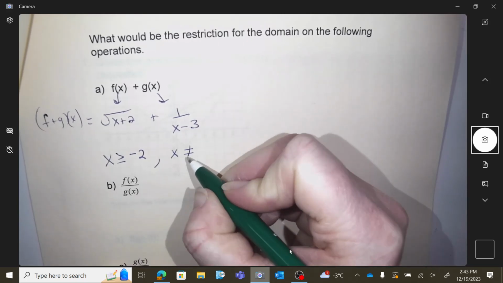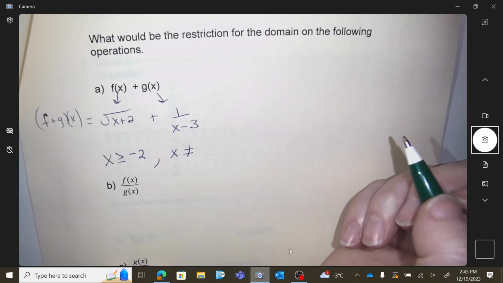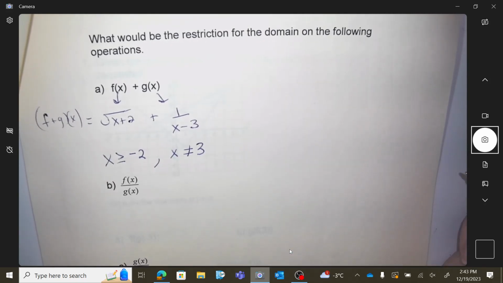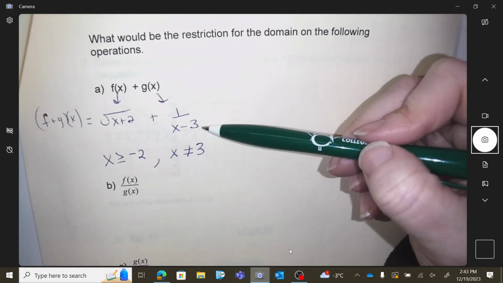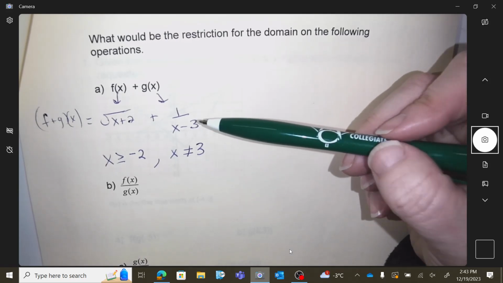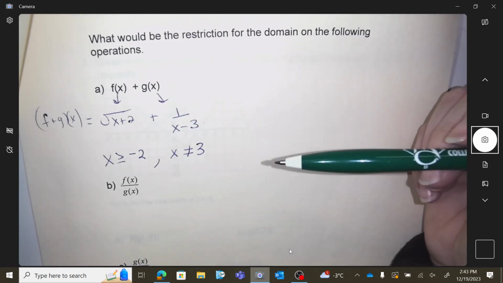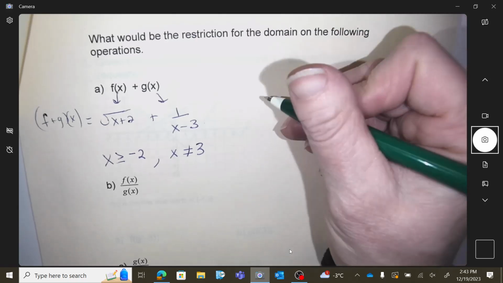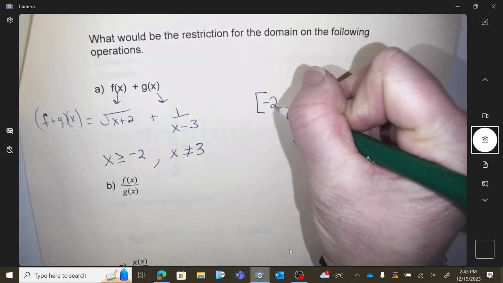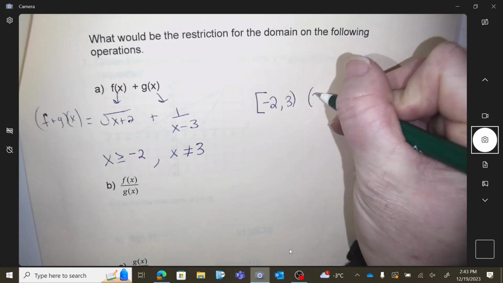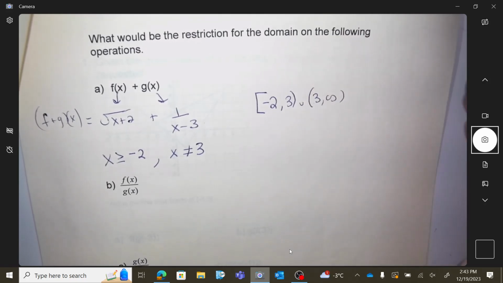X is not allowed to be a 3. Because now that's a division by 0. For those people that like it the other way, you can go from -2 and then up, but then once you get to 3, you have to stop, and then you can keep going up.